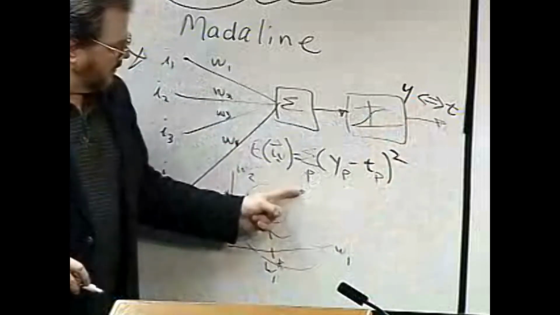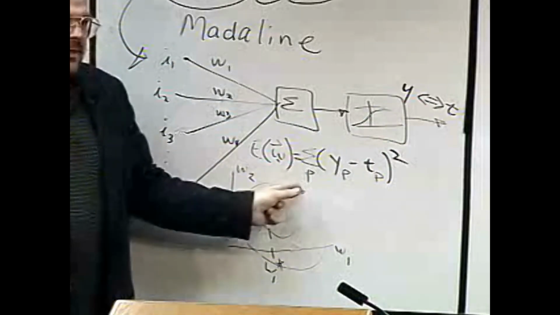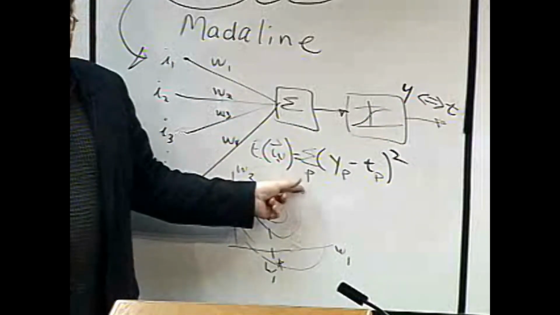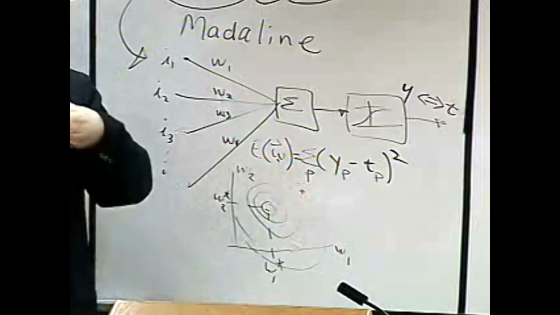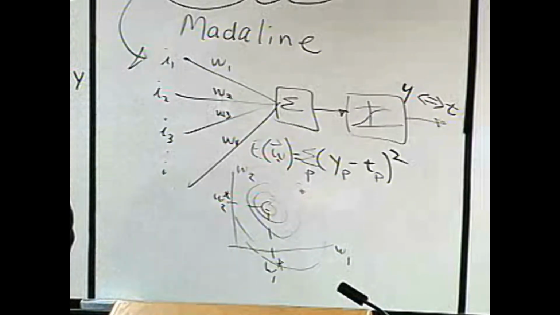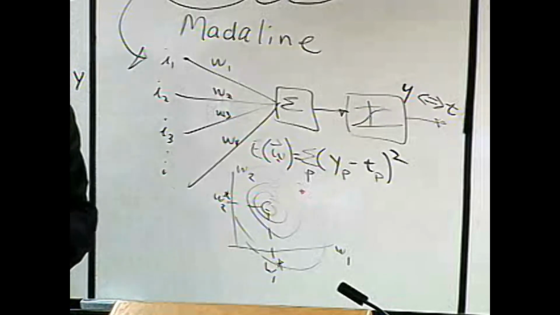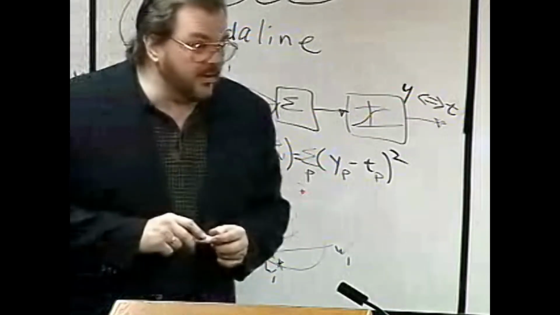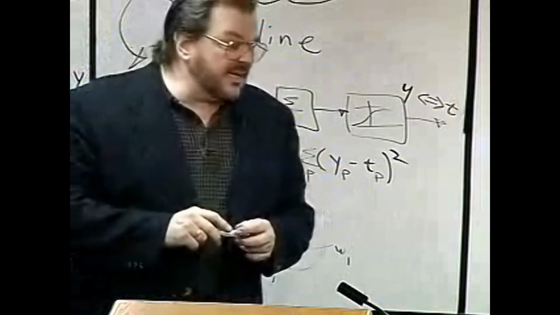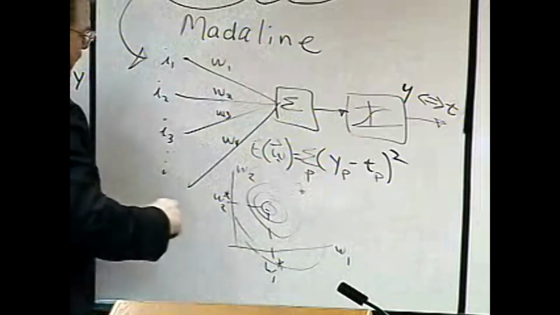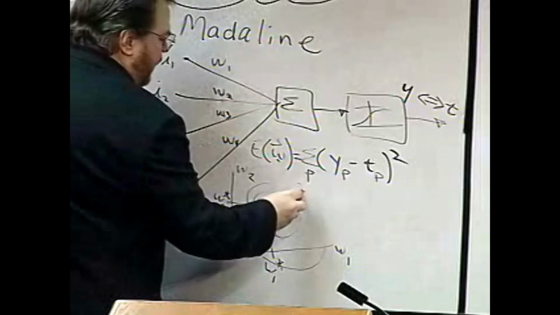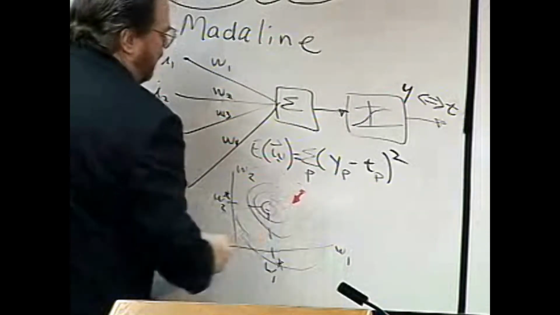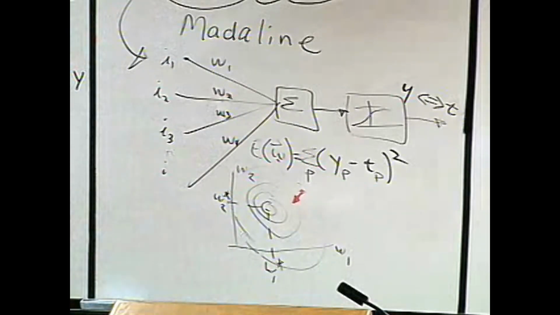You know how far you are above sea level. You know what your error is here, right? But what can you do, if you know that error, to find the lowest point? One of the things you can do is sense which way is downhill and take a step in that direction. That is basically what the Widrow-Hoff algorithm does. It looks downhill and takes a step in that direction.